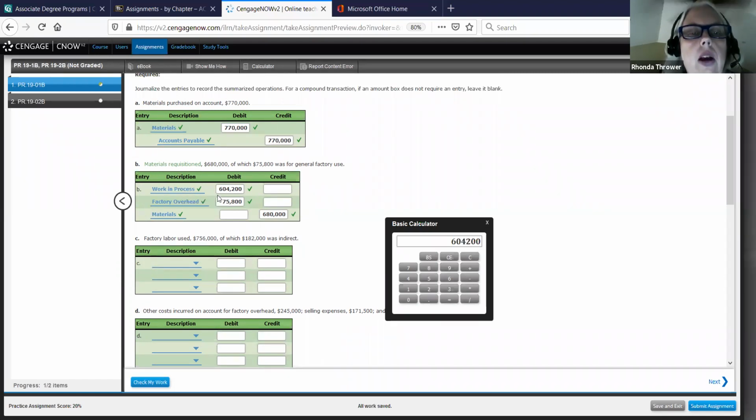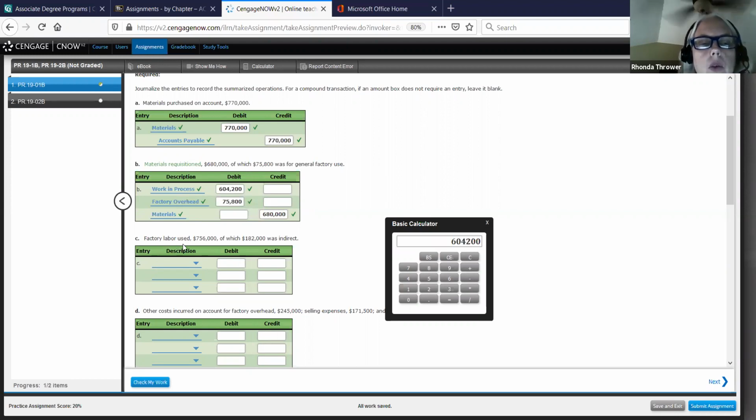We're increasing our asset account by the amount of the direct materials. Our indirect materials would increase our expense account called factory overhead. And so that's why we debited that. The two of these together are the total materials that were requisitioned or were used during that period of time. We'd have a credit to materials because materials will decrease because it's an asset.